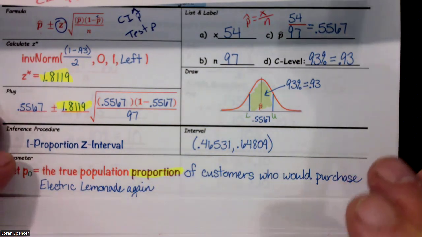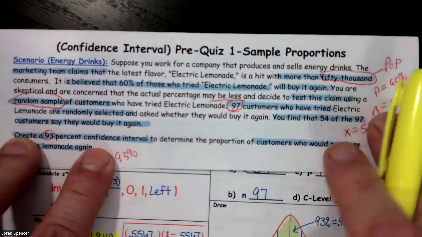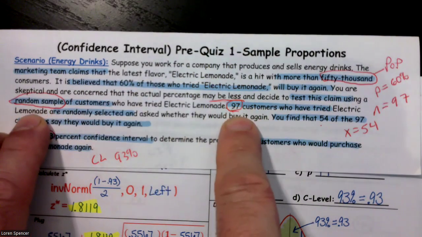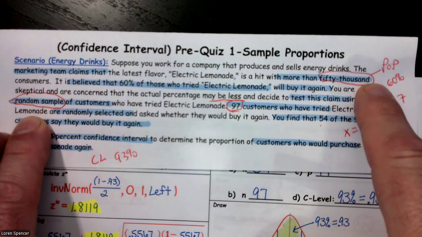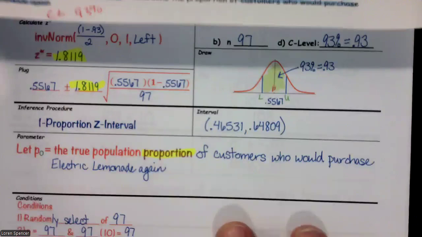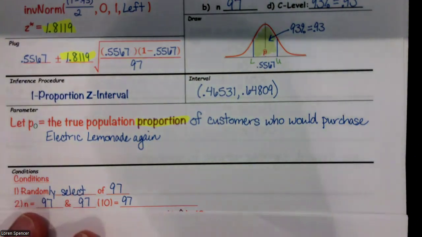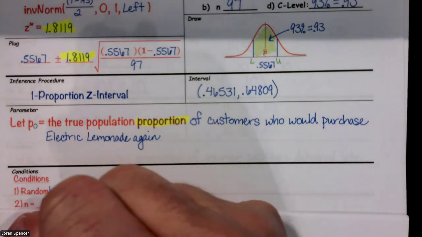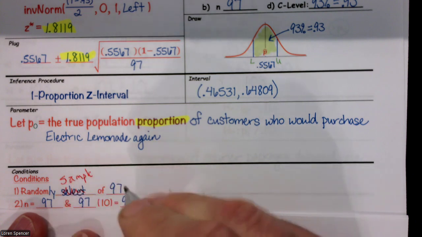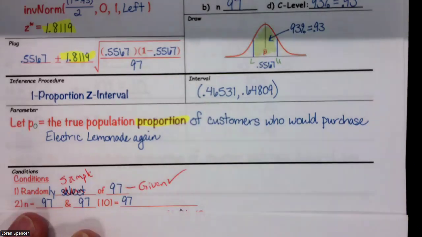Continuing on, we need to do our conditions. The first condition is random sample. The second condition deals with the population size. They tell us that they have a random sample of 97, so that's good. I'm going to scratch out the word select and say sample. Random sample of 97, and that was given. I'll check that off.